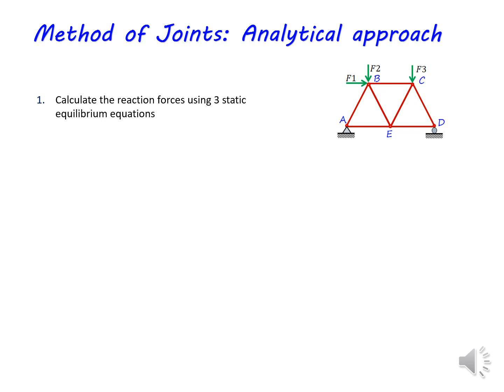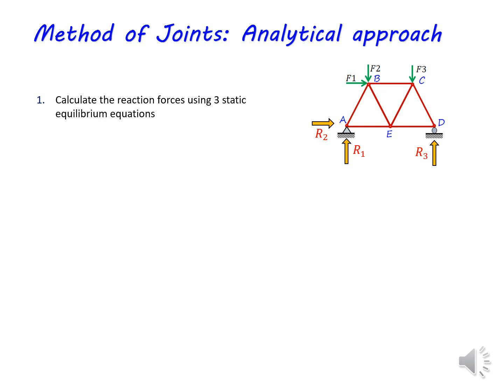So we know that when there is a pin support, there are two reaction components. Here you can see R1 and R2 are the two reaction components at joint A due to the pin support. And we know that for roller support there is one reaction component.